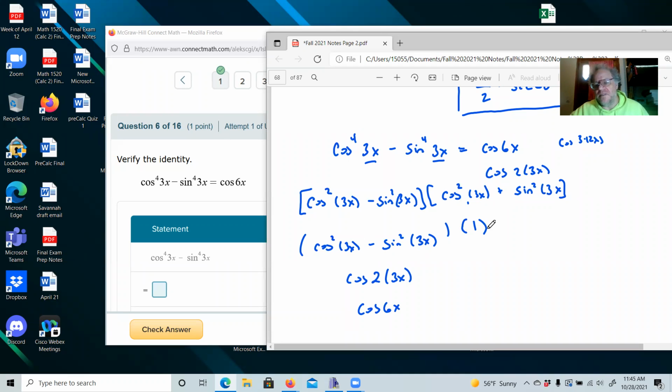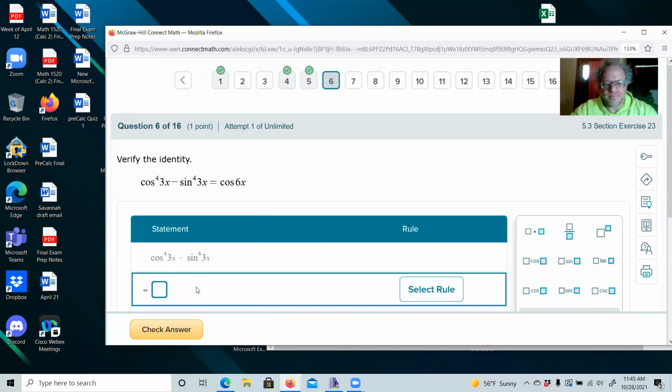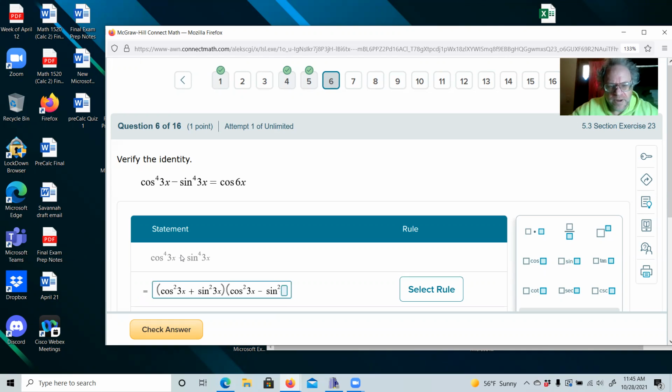So let's see if we can make this pretty. We're going to have parentheses cosine squared 3x plus sine squared 3x, times cosine squared 3x minus sine squared 3x.